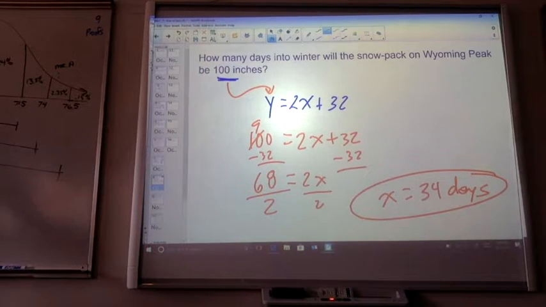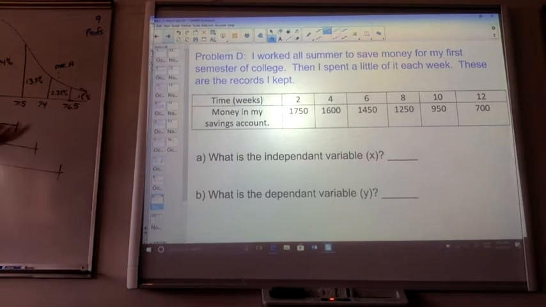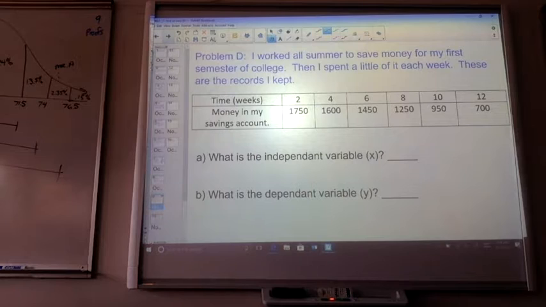Okay. All right. Here we go. Problem D. I don't know why this says problem B. I worked all summer to save money for my first semester of college. Then I spent a little of it each week. These are the records I kept.